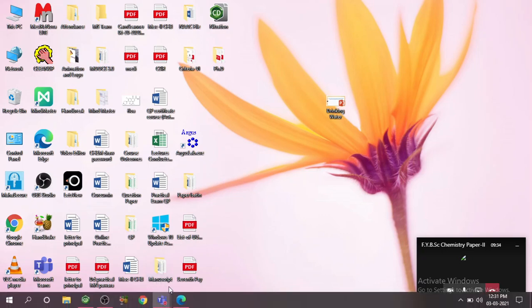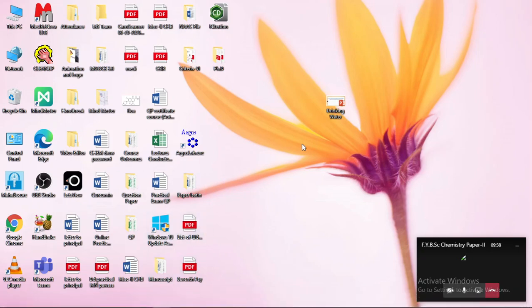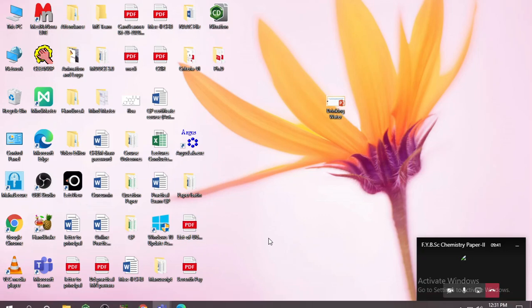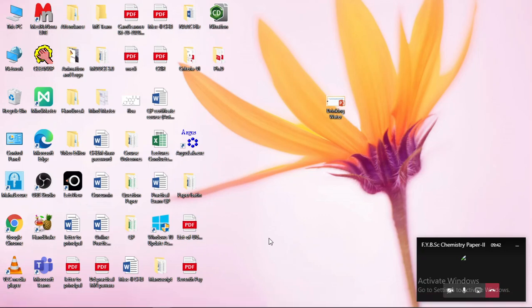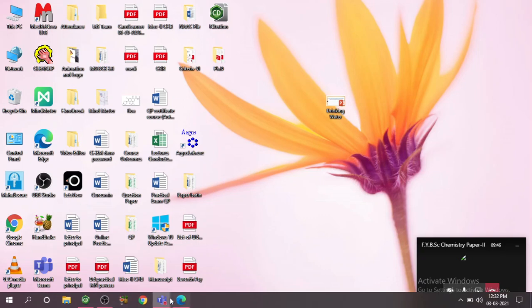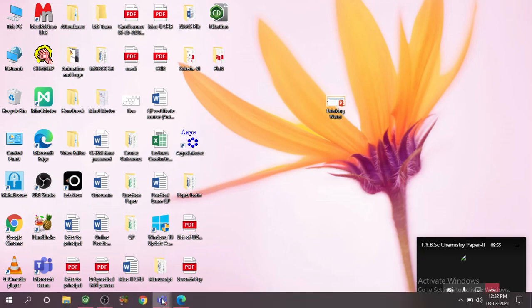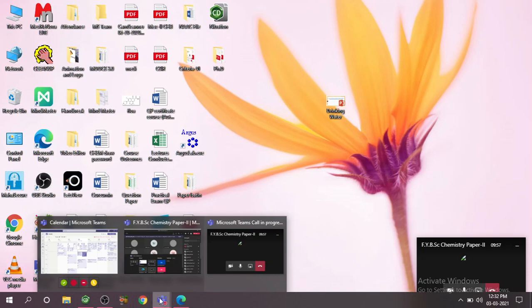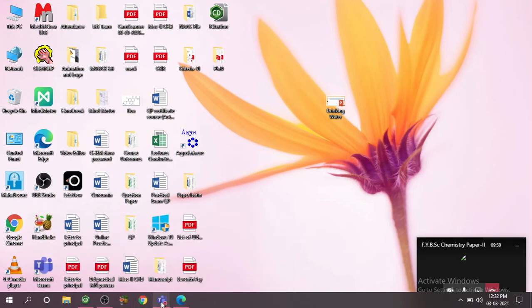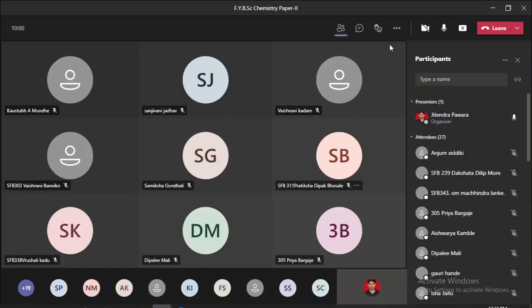Screen is not visible. I am sharing the screen. Hello student, is the screen visible to you? Can you see my desktop? Let me check the connection.